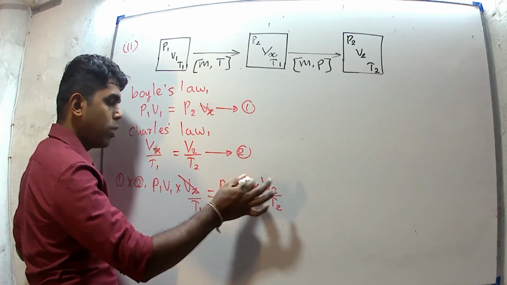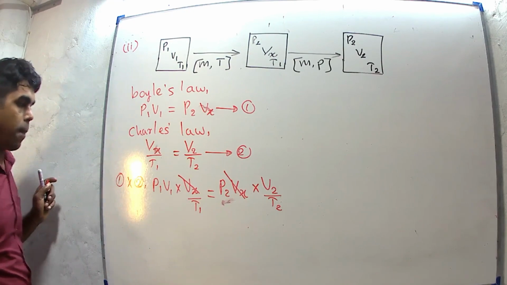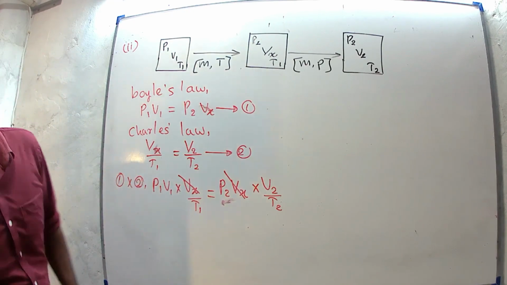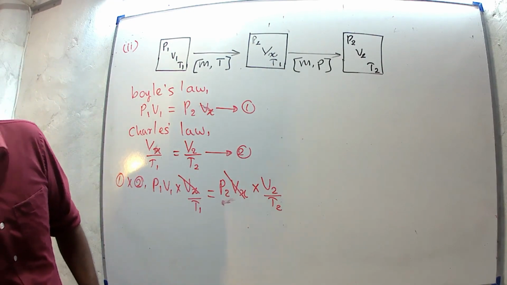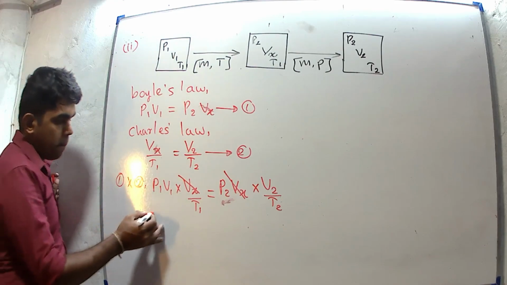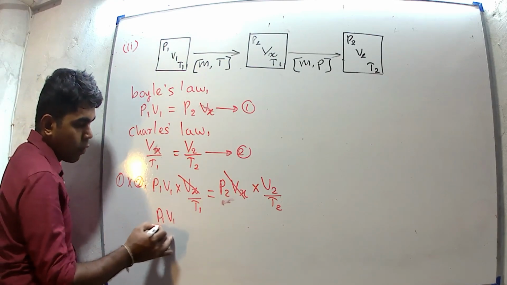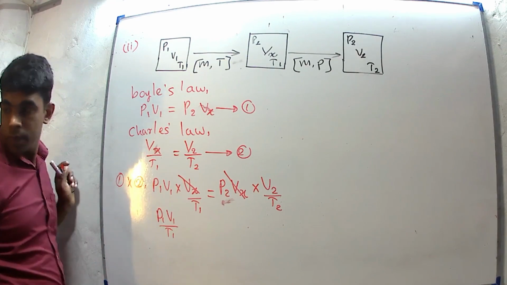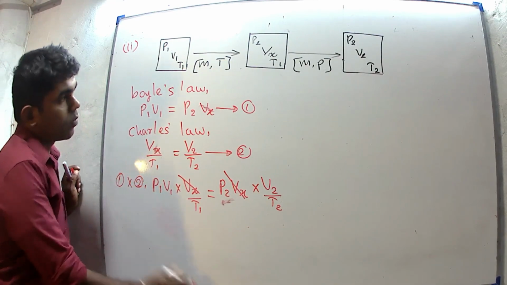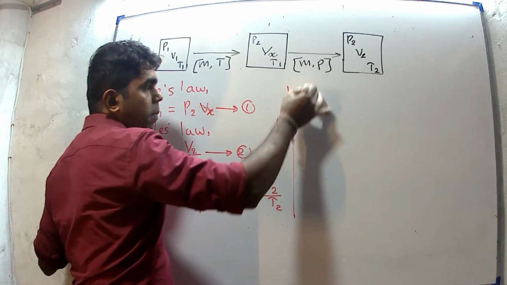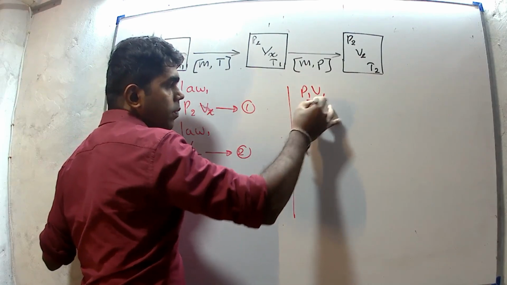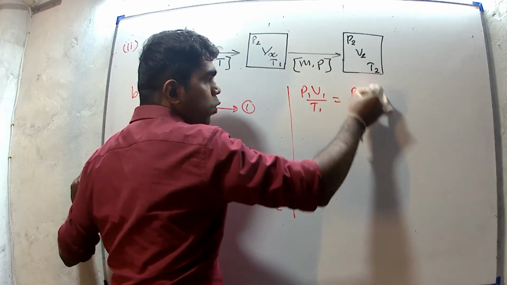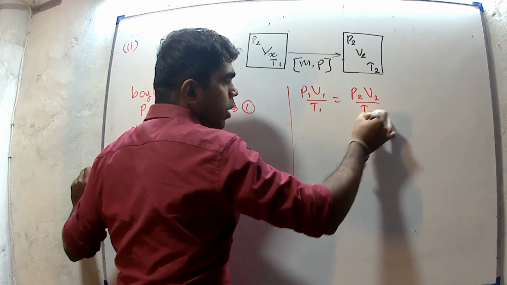We can cancel out the Vx terms, and then we get P1 V1 over T1 equals P2 V2 over T2.